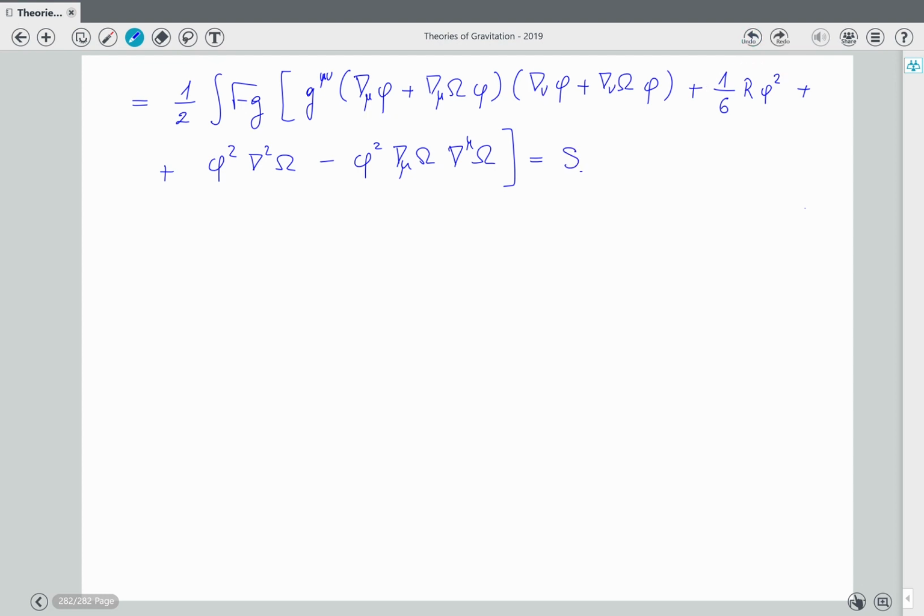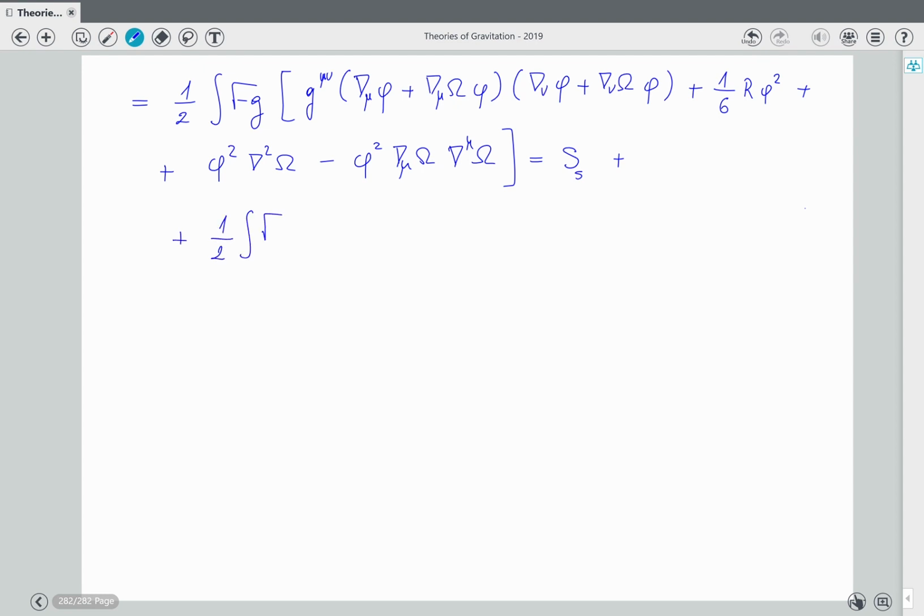And that should be all. The rest should cancel out. Does it? This part, for example, cancels with this kind of product. And this should cancel the double product.